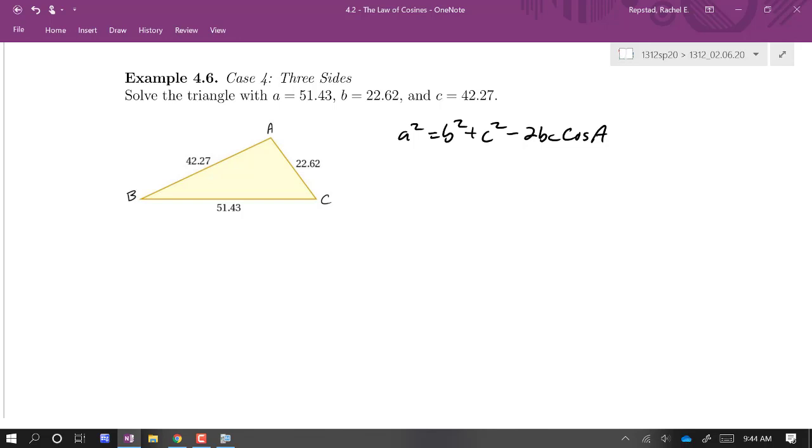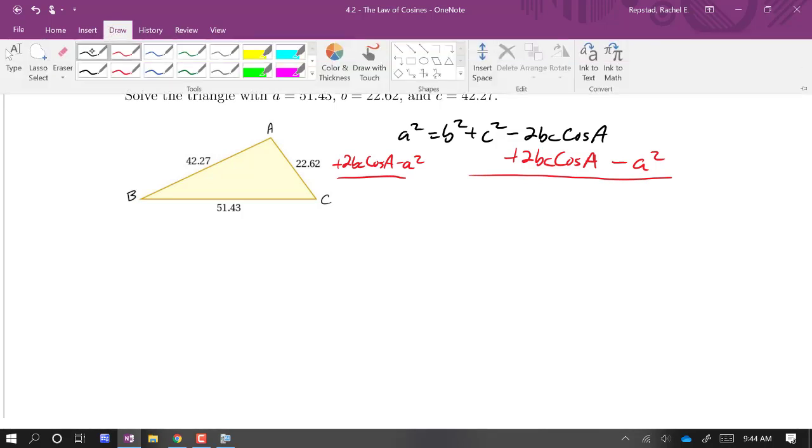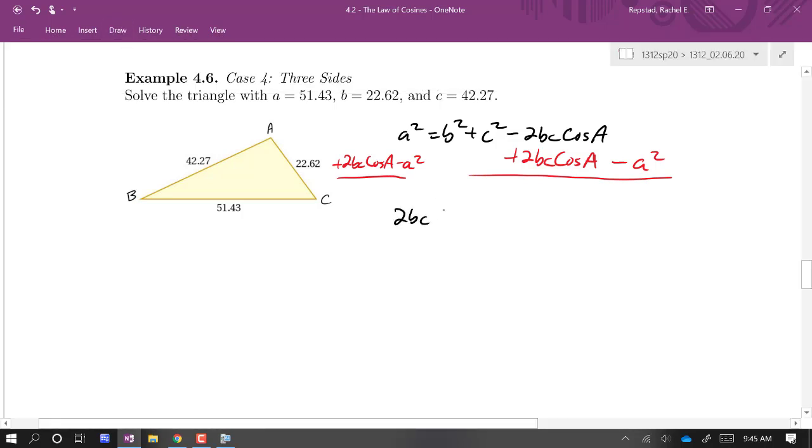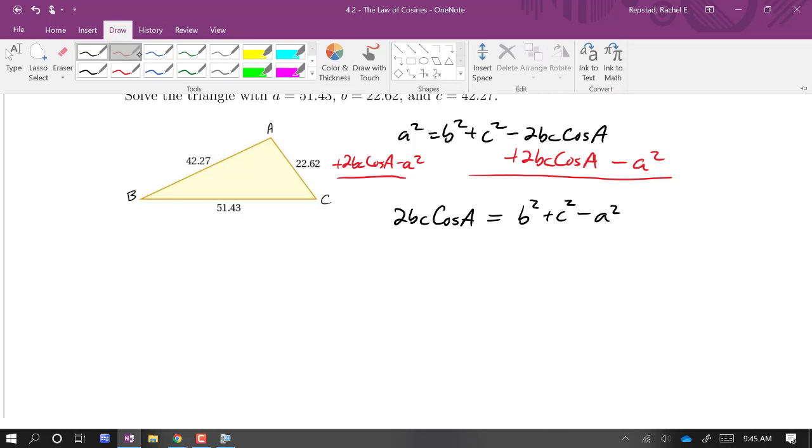So I'm going to add 2bc cosine A, isolate this term first, and I'm going to subtract a squared. So then we get 2bc cosine A equals b squared plus c squared minus a squared, and then we'll divide by 2bc.